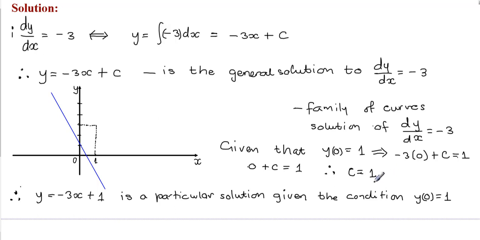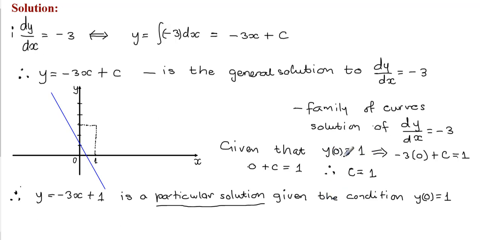That gives us a solution which is y equals minus 3x plus 1. In this case, we're going to call that a particular solution.